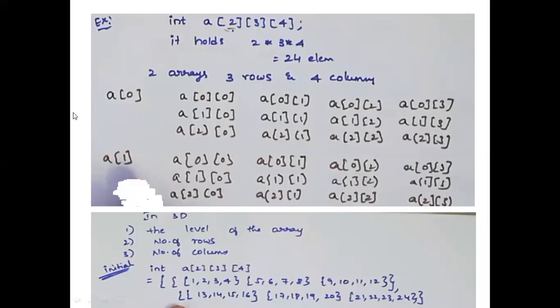I'm adding the first index also so that you can understand. Now where will 21 22 23 24 be stored? A of 1 2 0, 1 2 1, 1 2 2, 1 2 3. In this part of the array those elements will be stored. I think you have understood this one. You have to practice this initialization also so that you can have clarity.